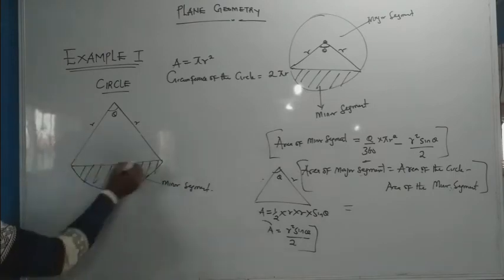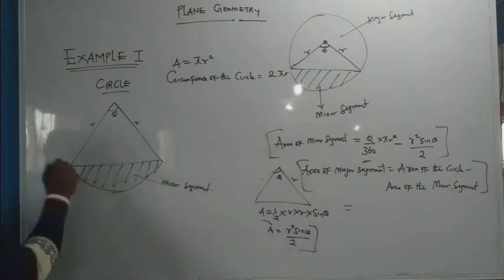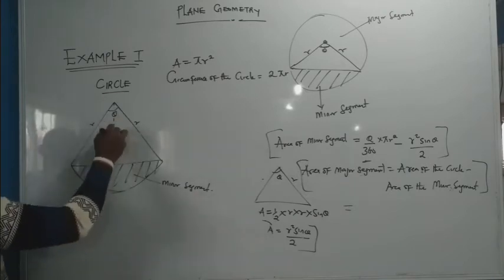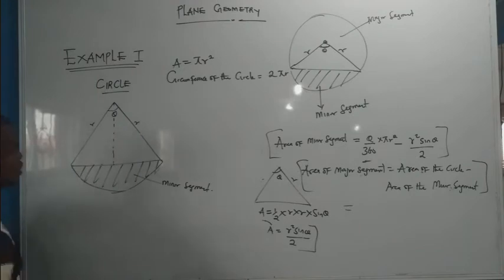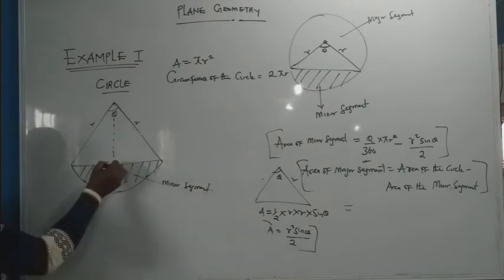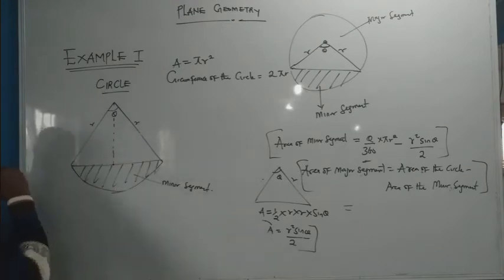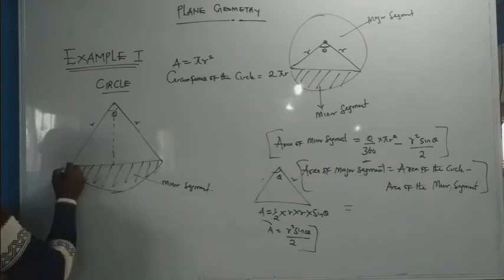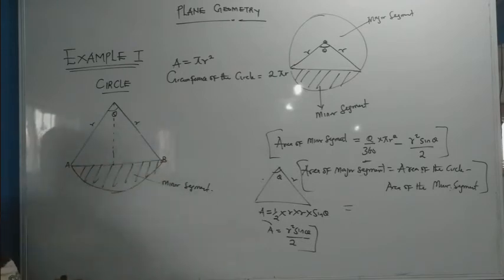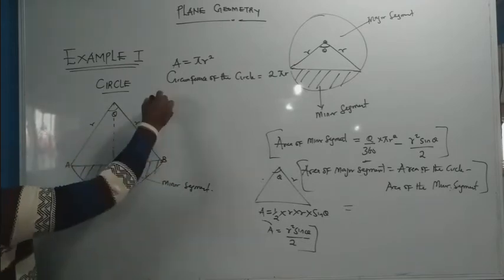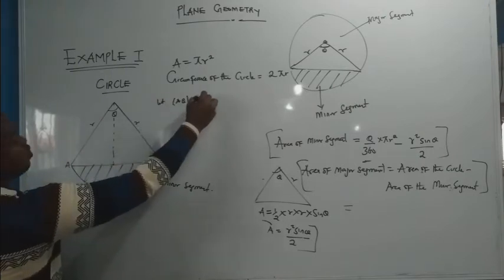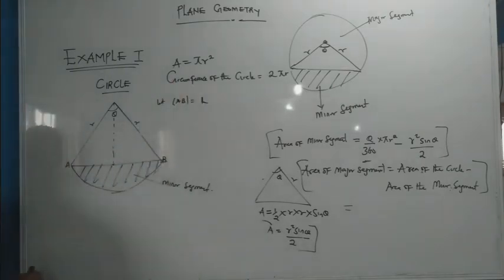Now how do you get the length of the chord? To get the length of the chord, you divide this into 2. If here is A and here is B, the total length here is AB. So the side AB is equal to L, to represent the length of the chord.